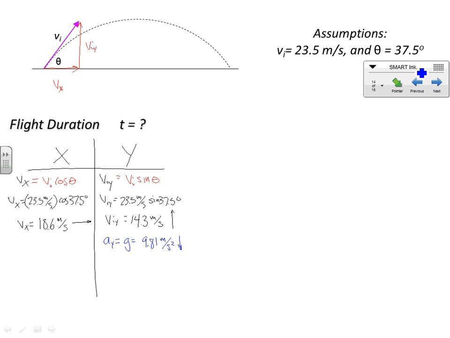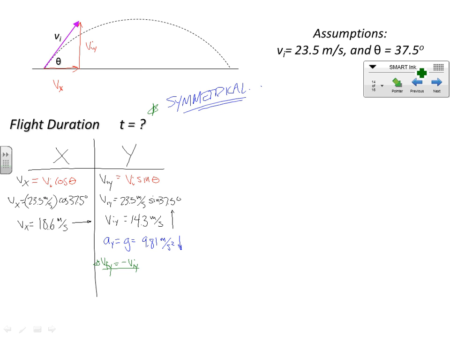Now there's one trick, and there's a couple ways to do this. There's really like 3 ways to do this, but the way that I usually do it is I go, oh yeah, this is symmetrical. That means for us, I'll do this. Symmetrical means that VFY is equal and opposite to VIY.